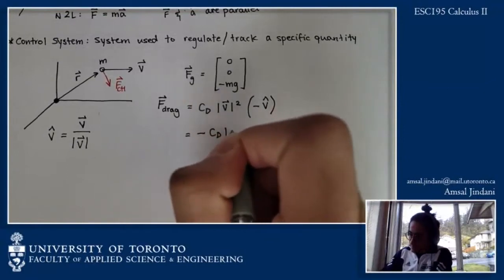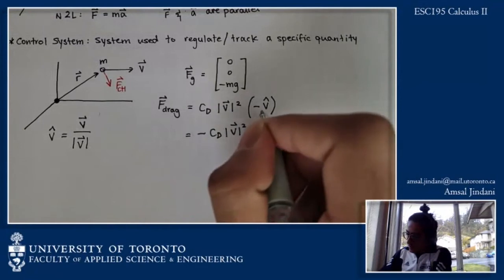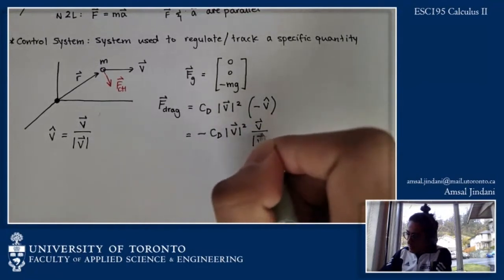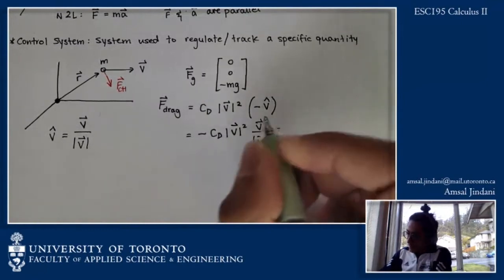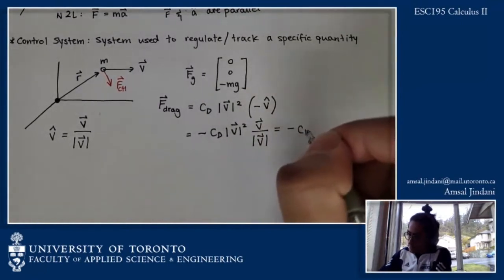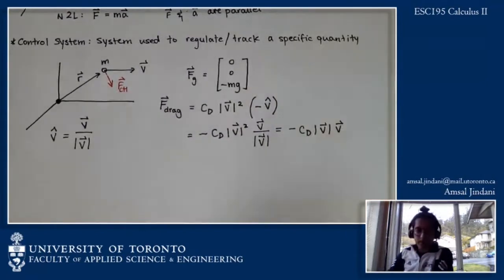So minus cd speed squared, times the velocity vector divided by the magnitude. That's a power of 1, so I can cancel those out, and I get minus cd speed times the velocity vector. So that is our aerodynamic drag force.